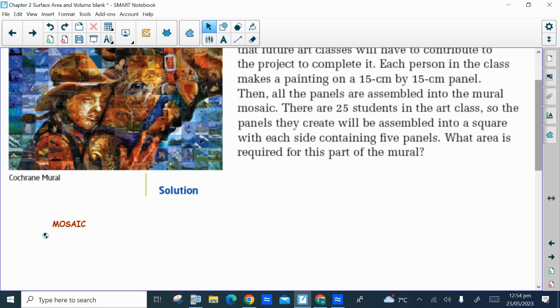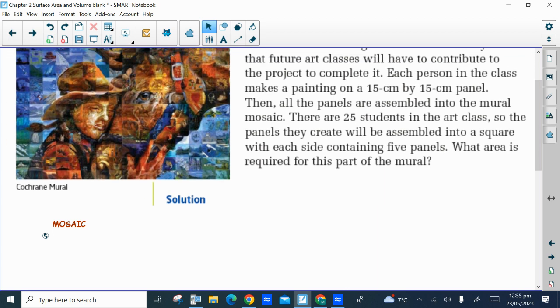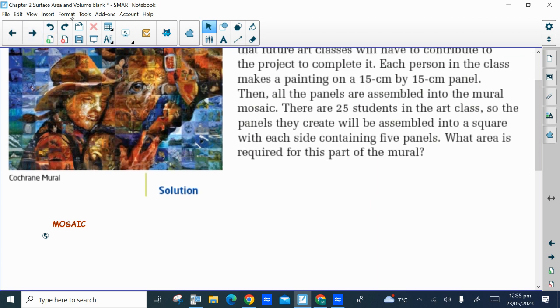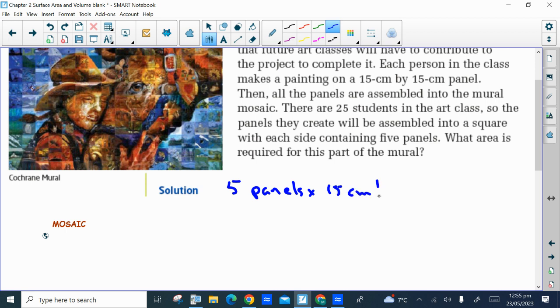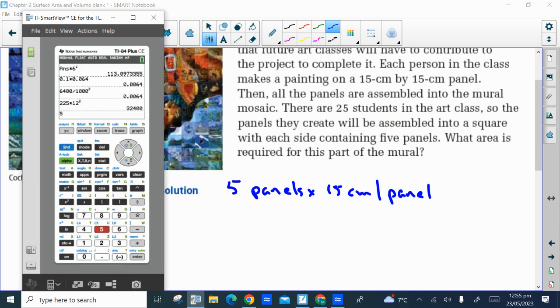So the dimensions of each side would be 5 panels times 15 centimeters per panel, which should be 75 centimeters, I think. 5 times 15, yes.